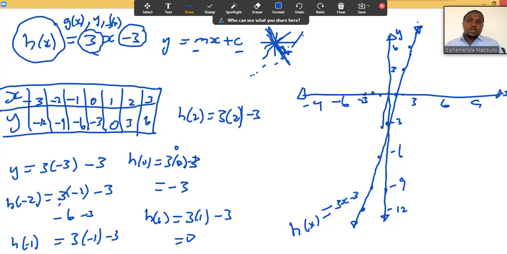But let's look at what 3 does, because 3 is no longer 1. What it does, you see, it squeezes the graph, it comes closer like this.